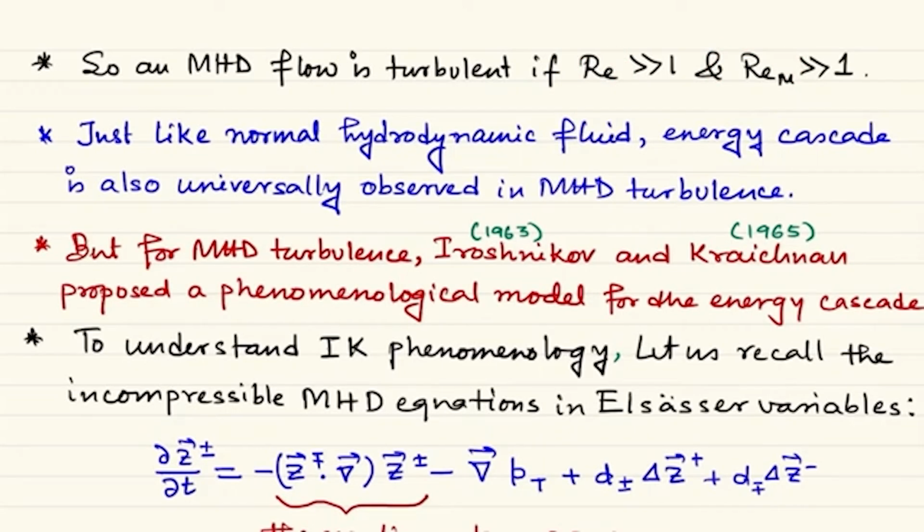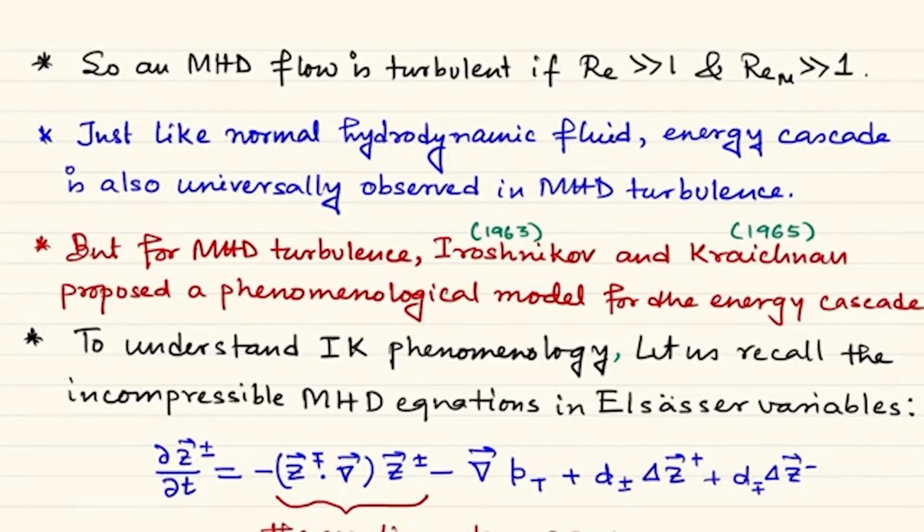Now, just like normal hydrodynamic fluid, energy cascade is also a universal property in MHD turbulence. That's something which has already been studied in several research works and is also found in several observations or experiments. Now, for hydrodynamic turbulence we had the phenomenology of Kolmogorov.